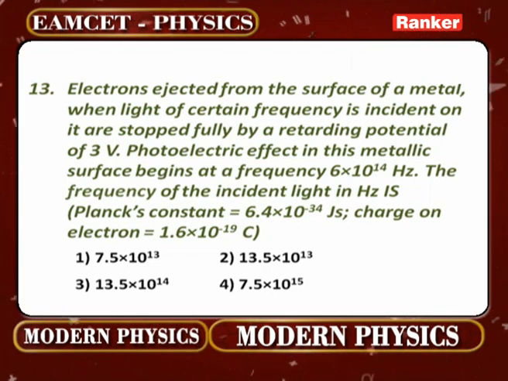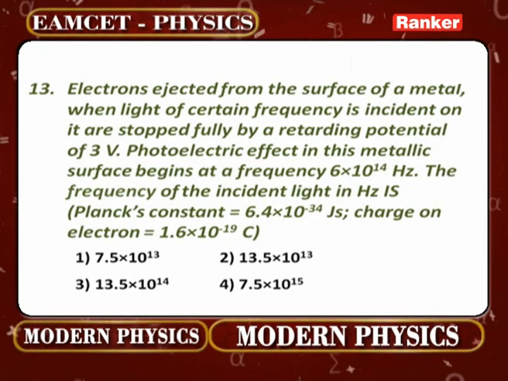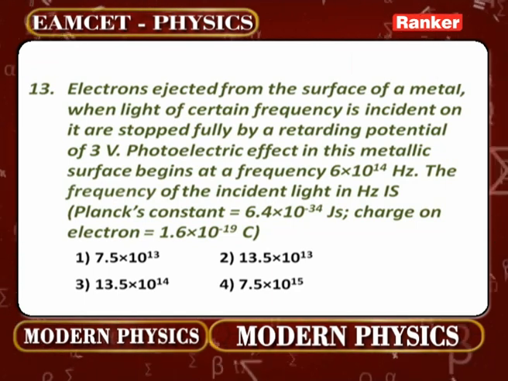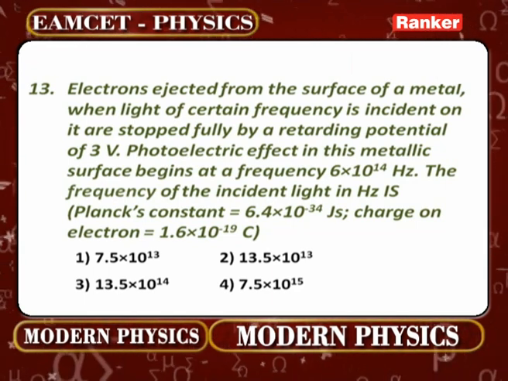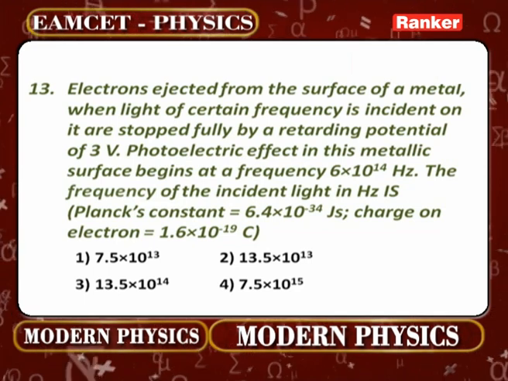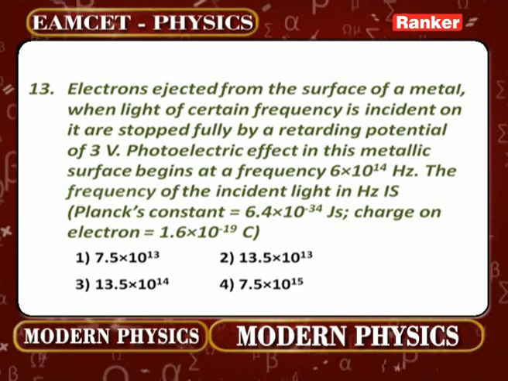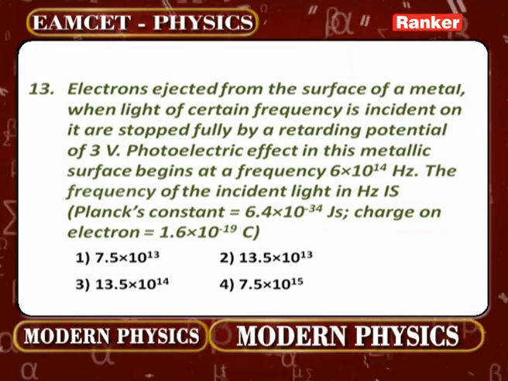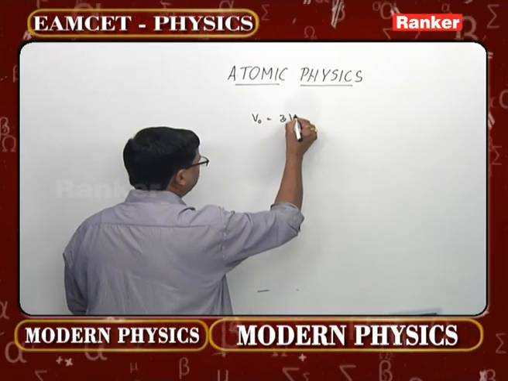Electrons ejected from the surface of a metal when light of certain frequency is incident on it are stopped fully by a retarding potential of 3 volt. What is this retarding potential here? That is what is called stopping potential. That V0 he has given you simply 3 volt.